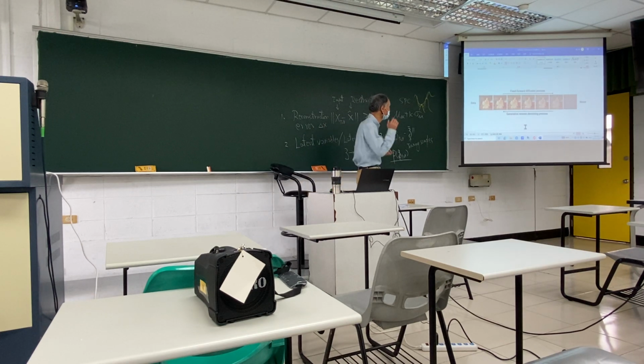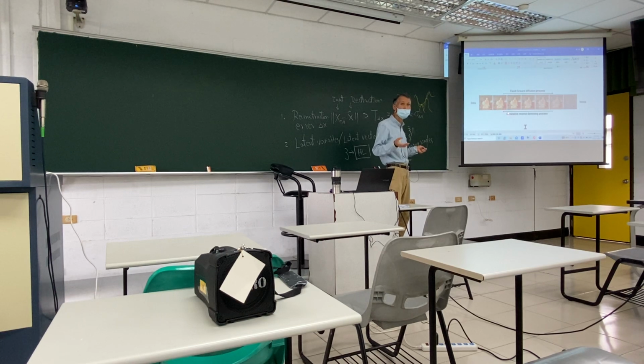Take a look here. This is the input data. It's called diffusion because we diffuse the noise gradually into the image. This is the forward diffusion process. This is the input, then we add the noise gradually.